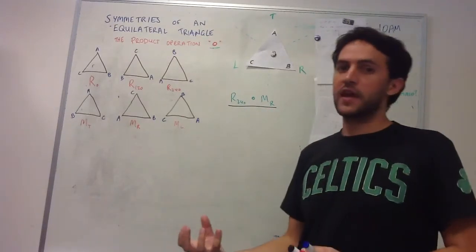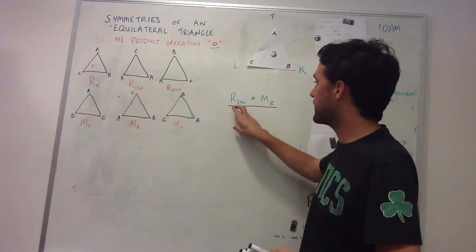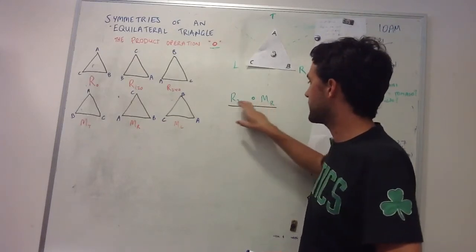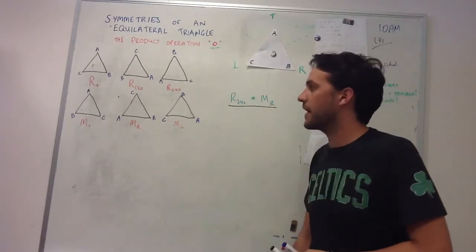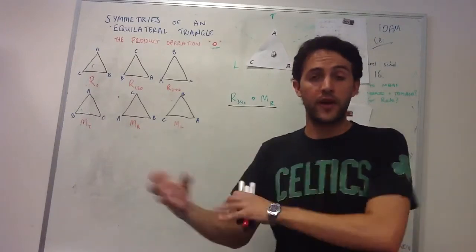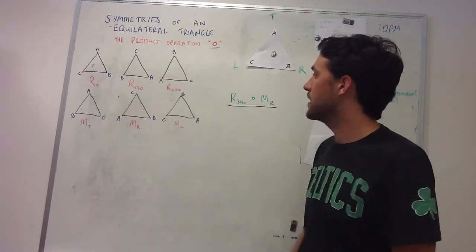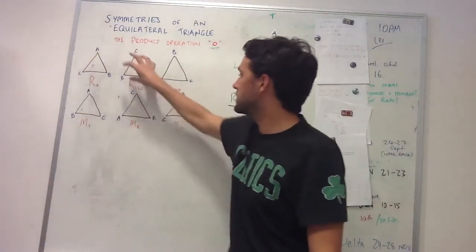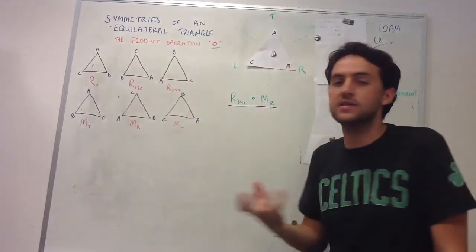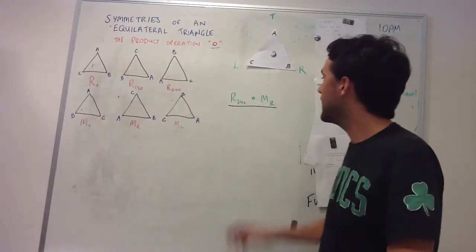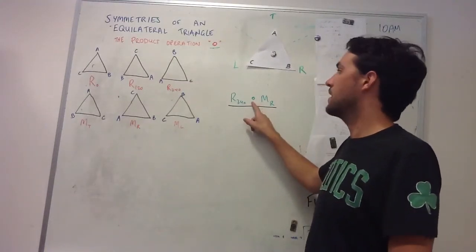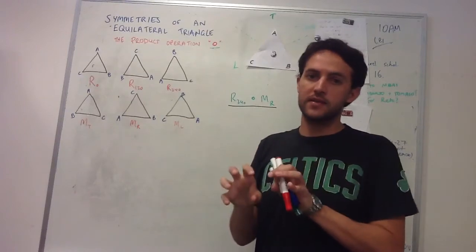Now the other interpretation is rather than thinking of this notation as operations themselves, we start to think of them as objects. So these are 6 different objects. There are 6 different positions of the triangle. And then this operation is some way of combining these 2 objects.